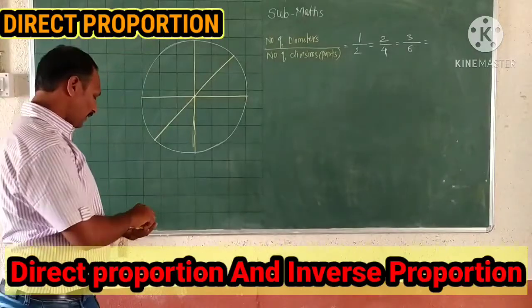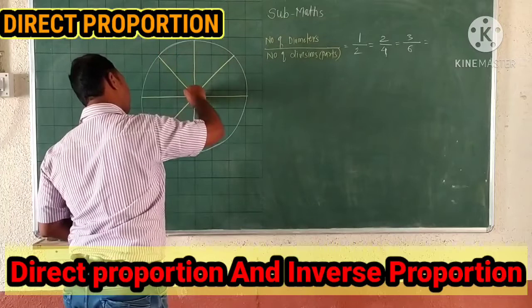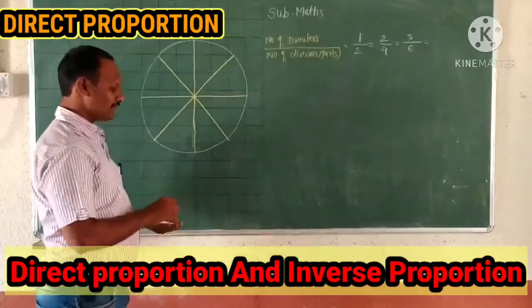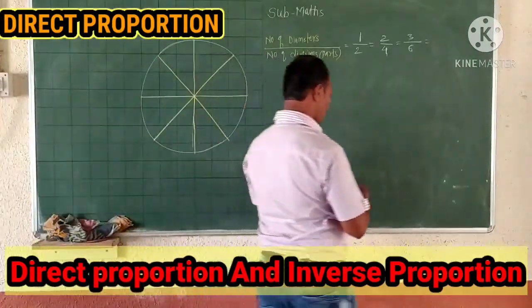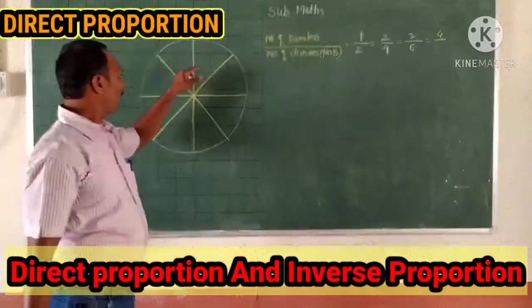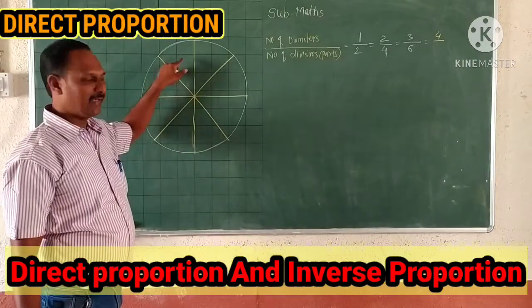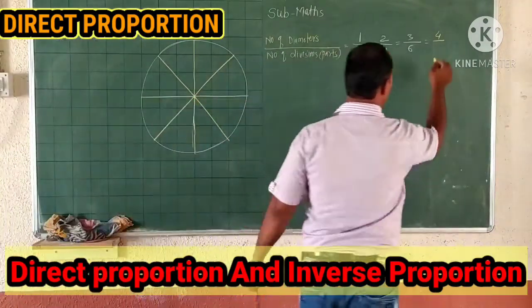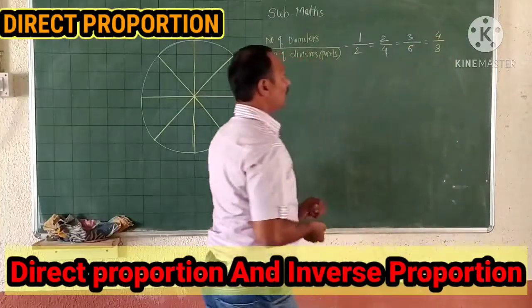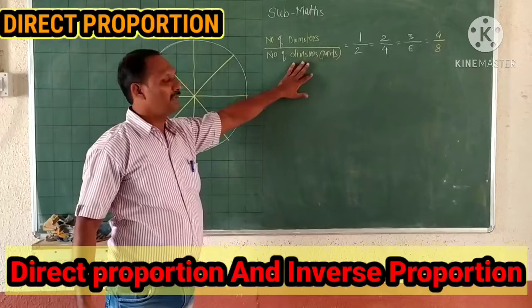And also you can draw the next diameter, the fourth. Four diameters make how many parts? 1, 2, 3, 4, 5, 6, 7 and 8. So you write here 8. Now you see the number of diameters and the number of divisions.